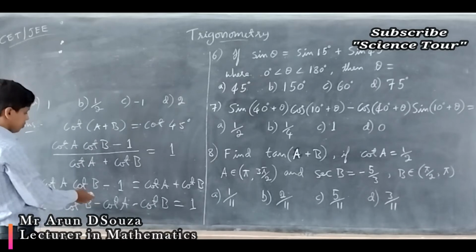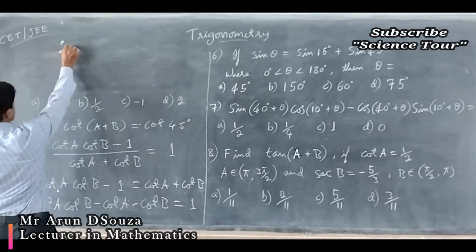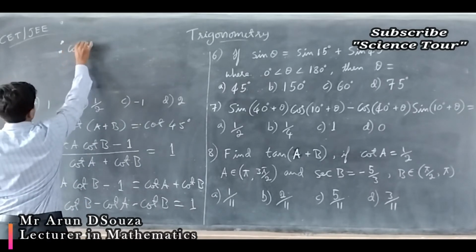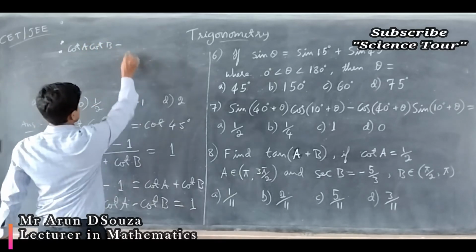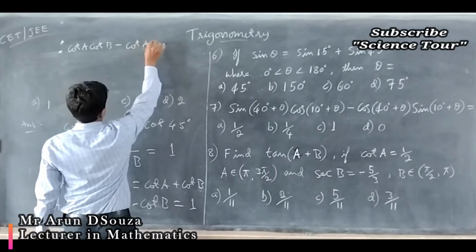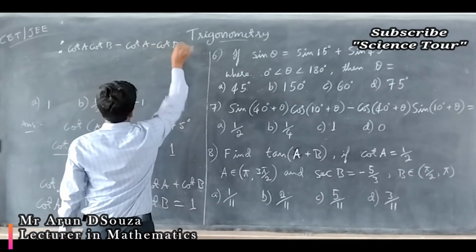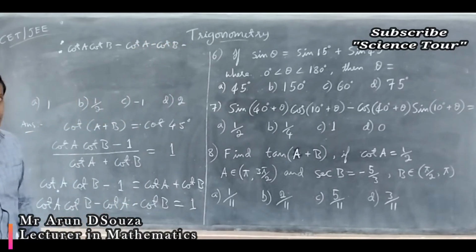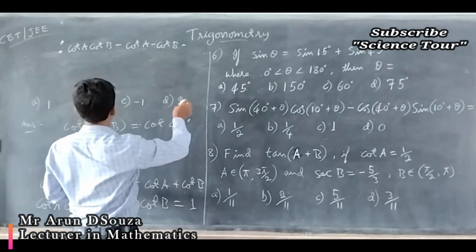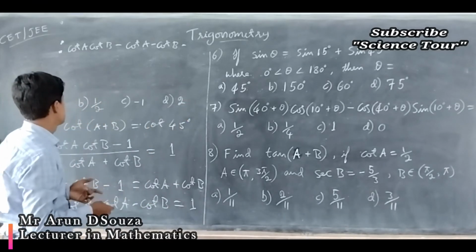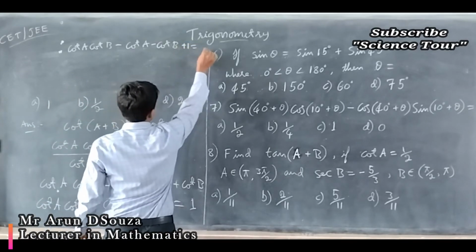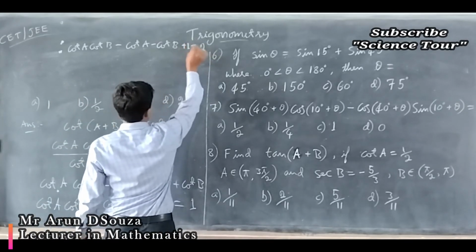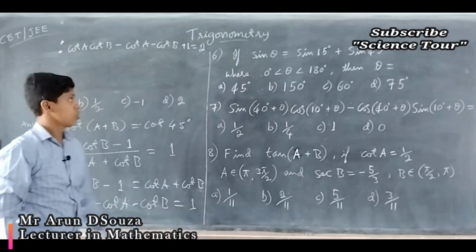So this is cot A cot B minus cot A and minus cot B, and then I have to add 1, so plus 1, and that is equal to 2, because I am adding 1 here also.